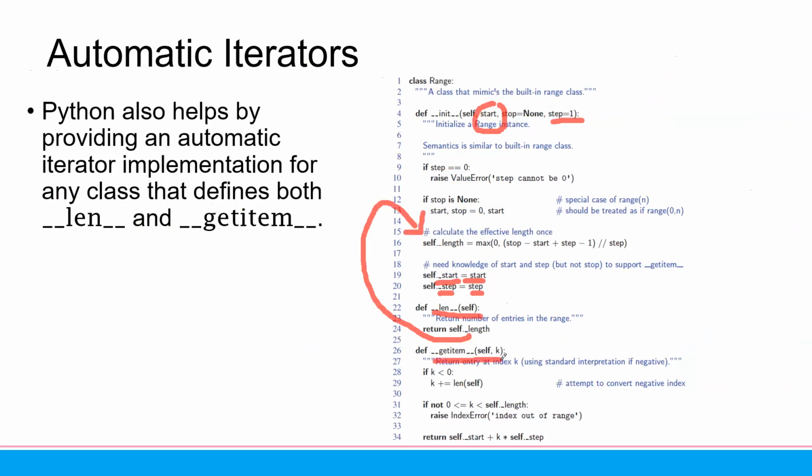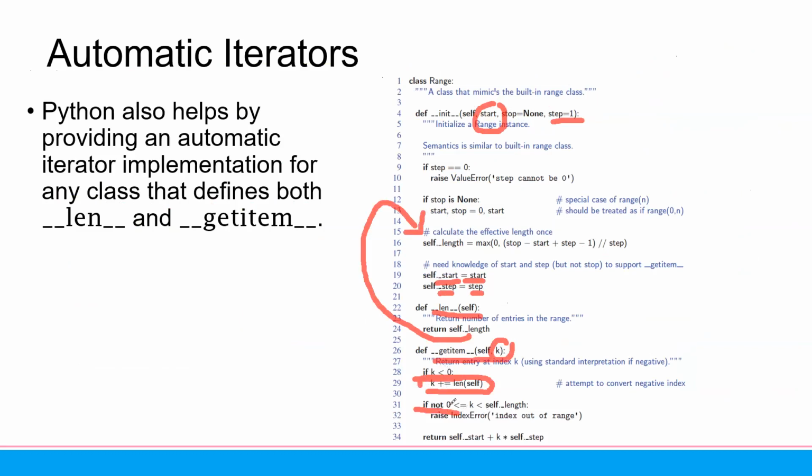Get item, so I want to know which item I need to select. It is based on the condition: if k is less than 0, then it will be added. Because k cannot be 0, it should be impossible.